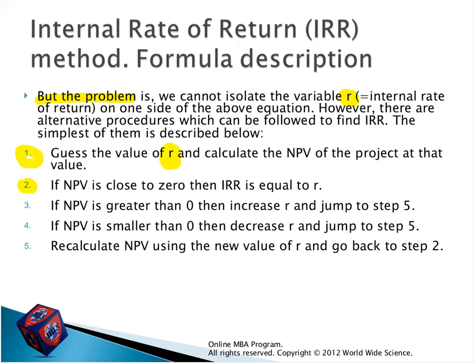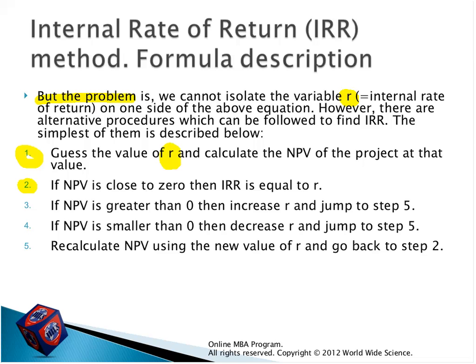So after calculation, when we assume that our internal rate would be, for example, 10%, and we have got the net present value close to zero, then we have to adjust our R, the internal rate.